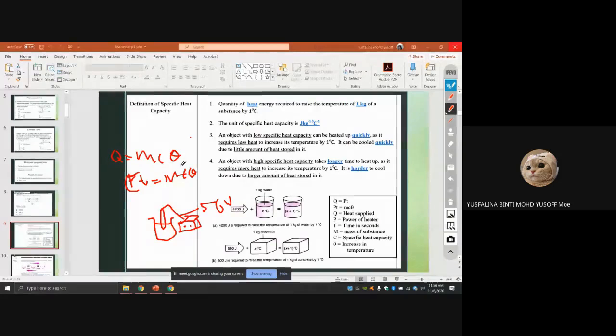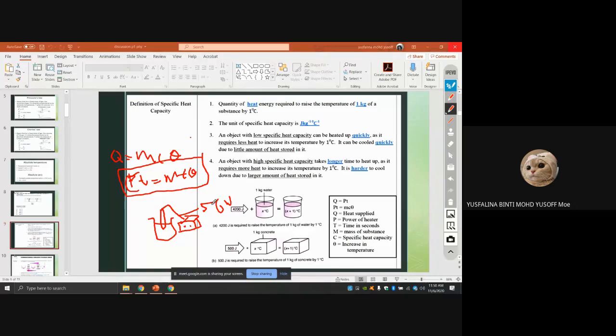So we use the principle of conservation of energy. We assume that the energy supplied by the power supply is equal to the heat energy supplied to the water. So energy is not lost to the surroundings; it will be conserved. This is how the formula comes out.